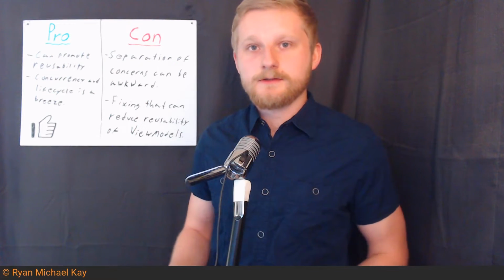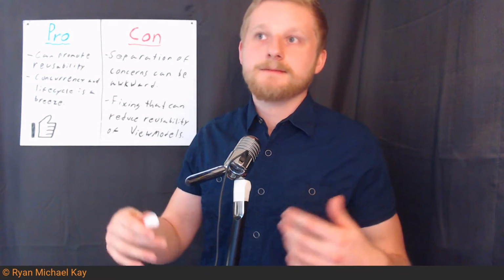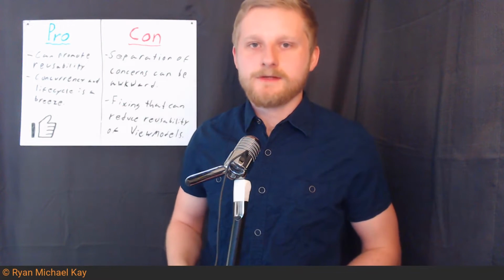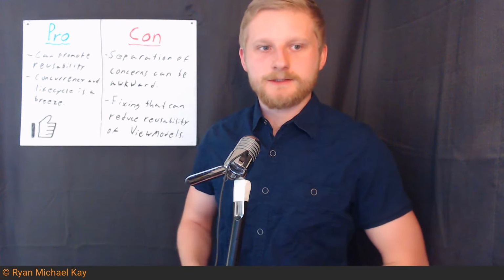If you're not sure what separation of concerns is, I've written an article and I'll link it down in the description box below, and it'll basically explain my perspective on separation of concerns. But I actually do consider it to be probably the most important principle to observe in software architecture.